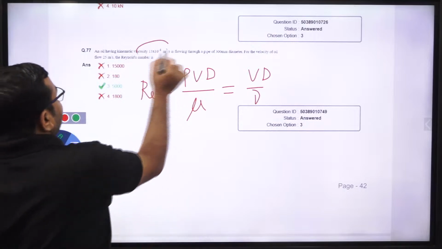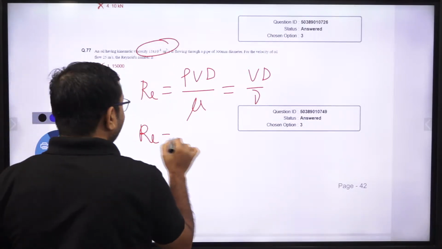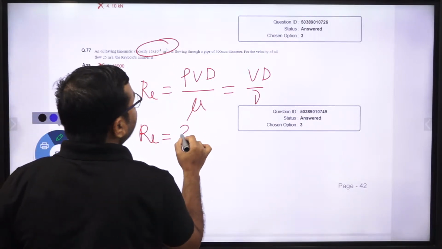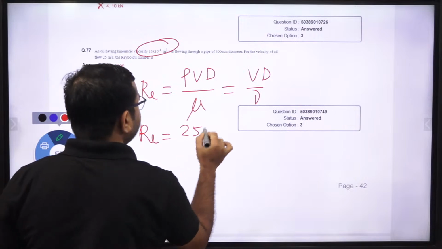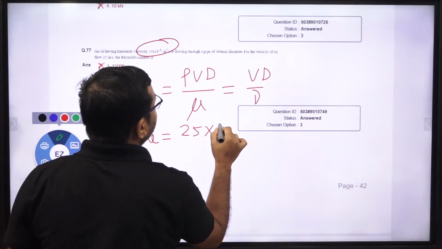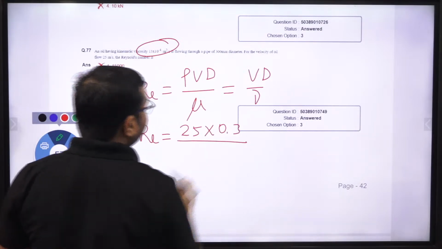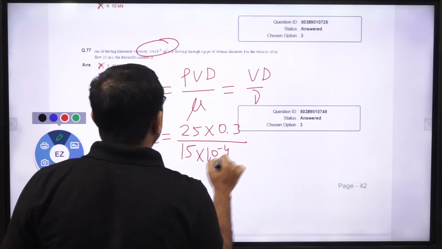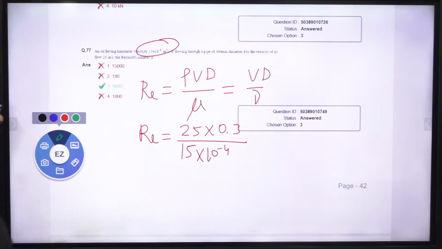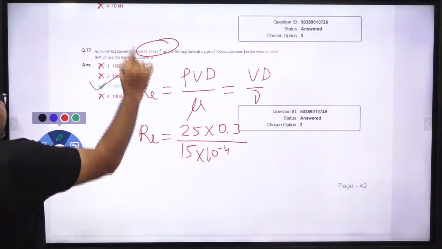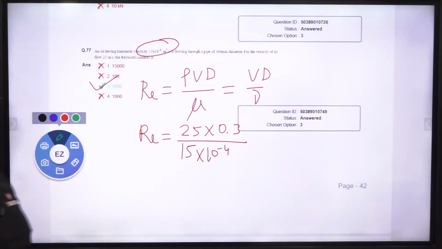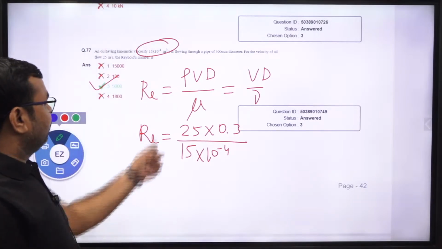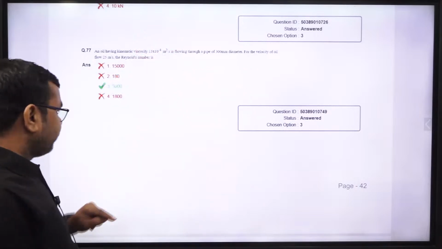So obviously here we have kinematic viscosity, so we use the second part. Velocity is given, that is 25 meter per second. Diameter is given, that is 300 mm. So can I say this is 0.3 meter, over 15 into 10 to the power minus 4 meter square per second. So by solving this expression you will get this result. Yes or no? Is it clear? So this is a very simple formula.